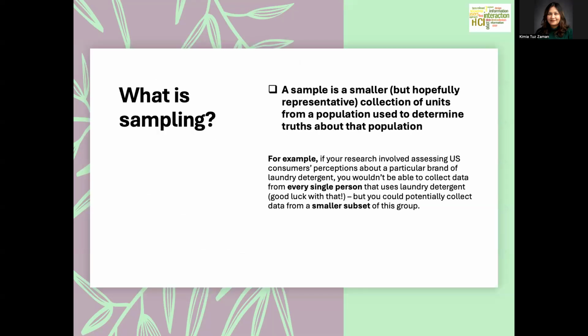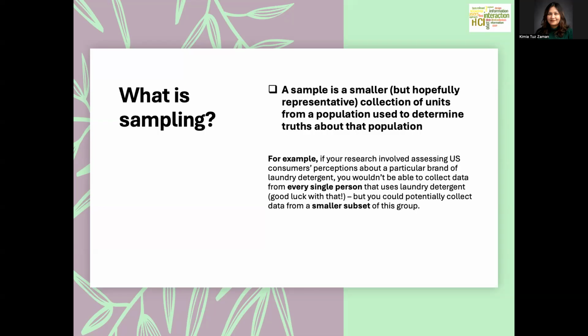So, let's start with the big idea. We almost never study an entire population. Instead, we draw a sample, a smaller set of units, so we can infer something about the full population.